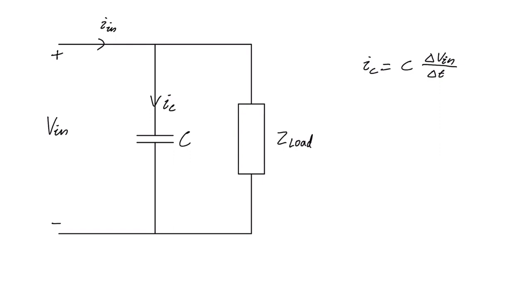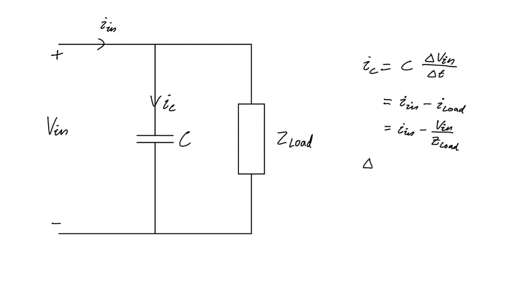And the current going through the capacitor is also equal to I in minus I load. And we know that I load is the voltage in divided by the impedance of the load.